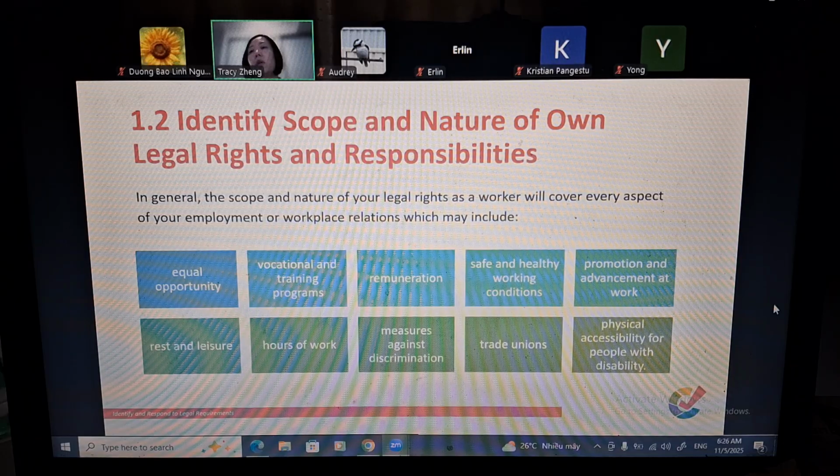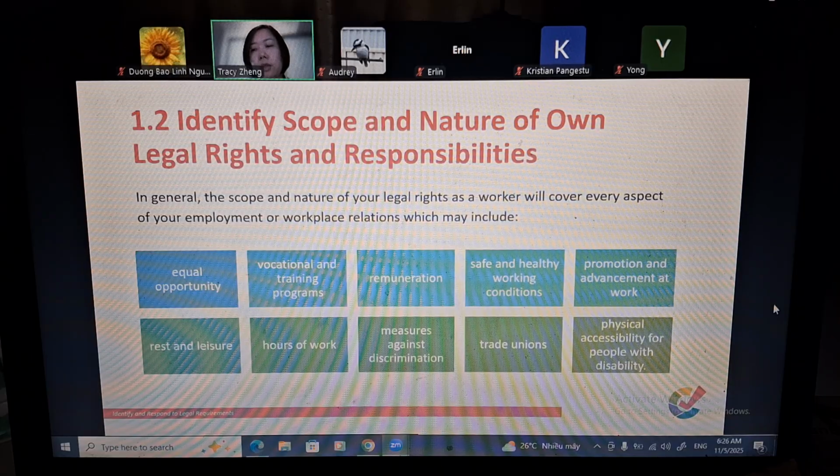It's not that because you come from a particular cultural background you'll get promoted more easily, or because of your age you can get promoted. No, it's not about this. Everyone has an equal opportunity. That is our right. And every worker is entitled to a vocational and training program.